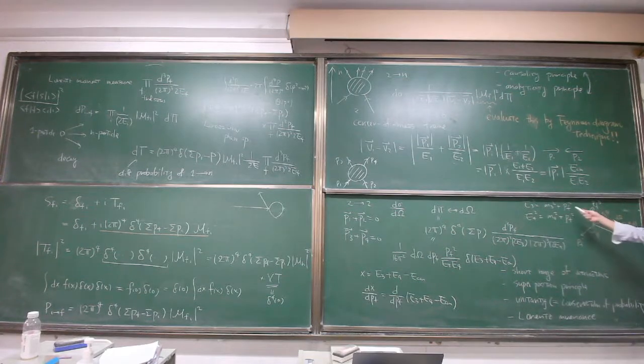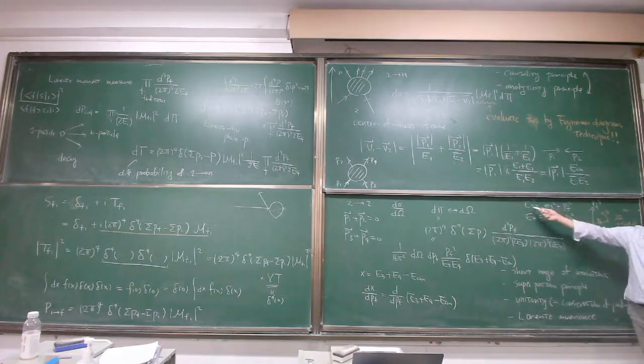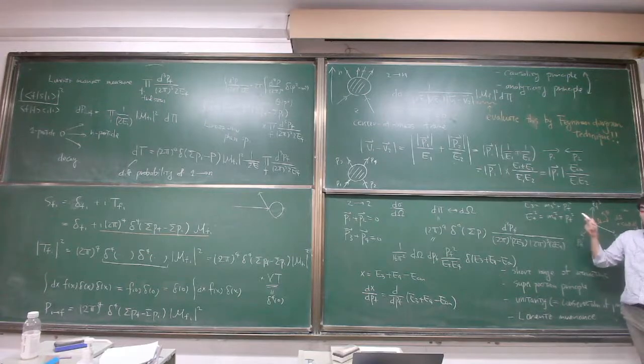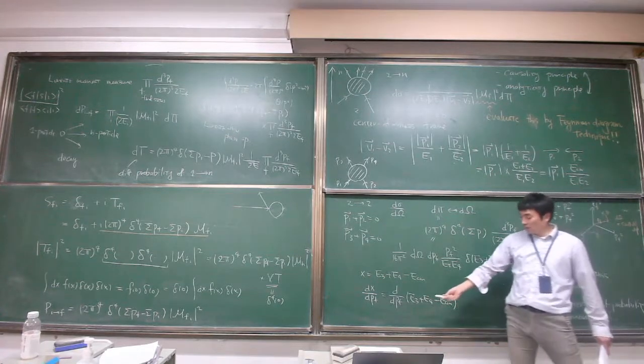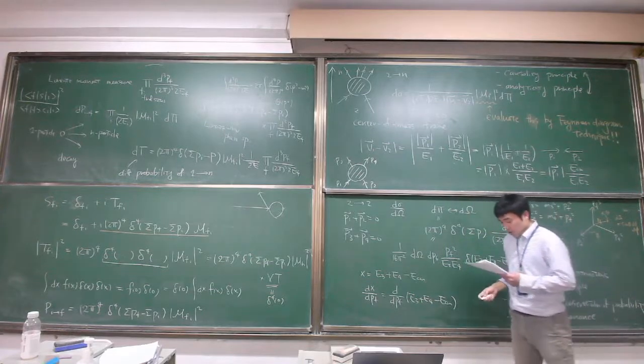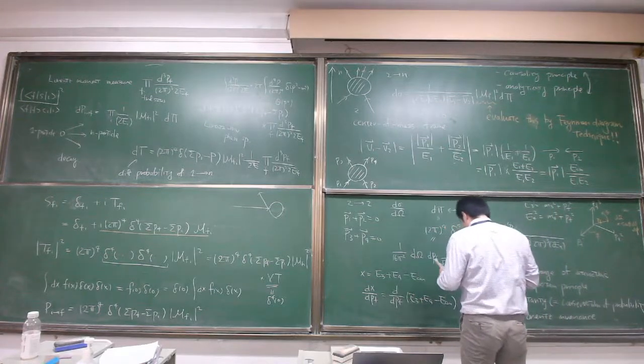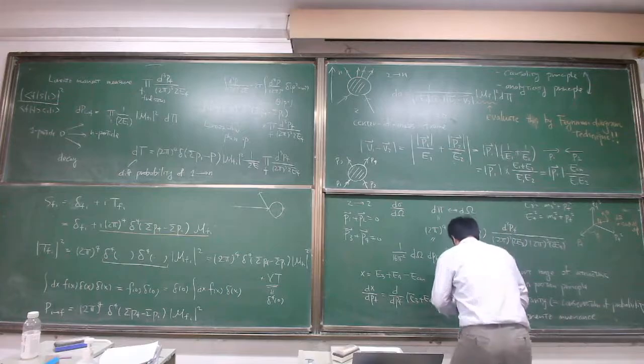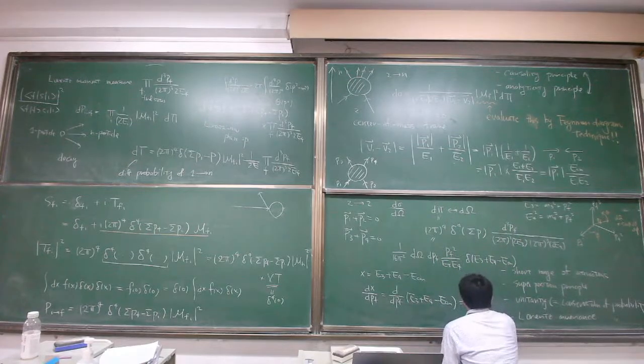So therefore E3 and E4 are functions of P_F, so the derivative makes sense. Therefore this is equal to P_F over E3 plus E4.